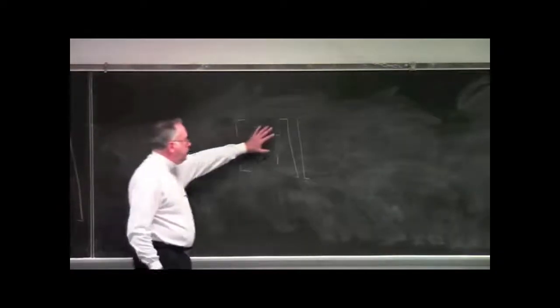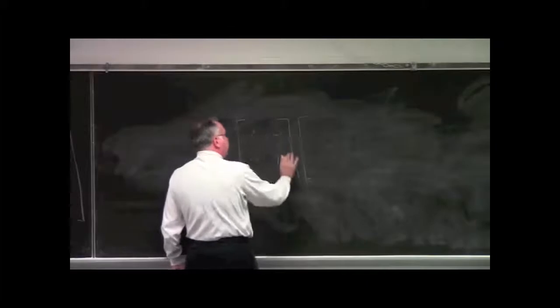Now, in order for matrix multiplication to be defined, how many rows are we going to have in that matrix? Yeah, 2, because these two inner numbers have to be the same.